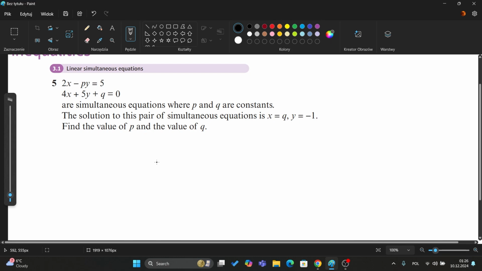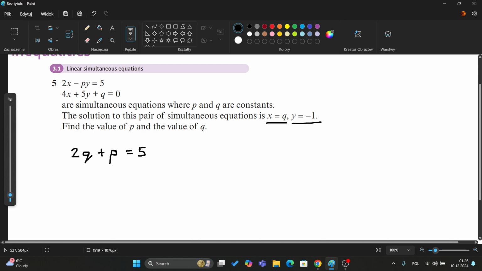So what happens here is that the value of x is q, so we can change the value of x to be q, and we can change the value of y to be negative 1 in our pair of simultaneous equations. So 2 times q, replacing x, so that's 2q, minus, which is actually plus because minus 1 makes it plus 1, so that's plus p equal to 5.